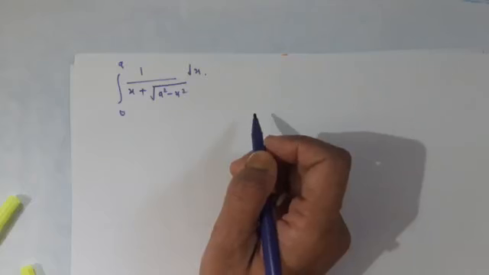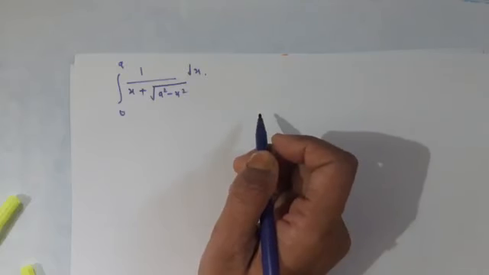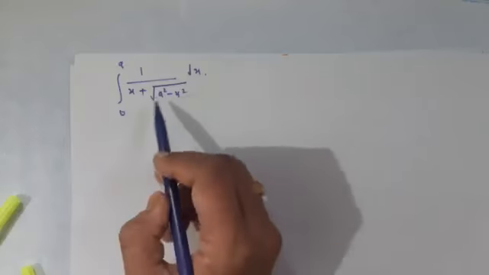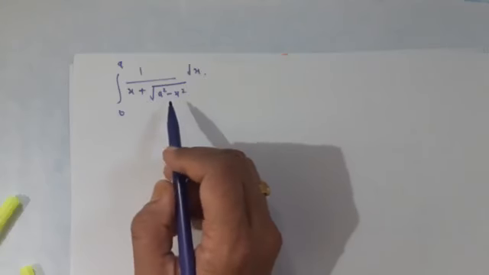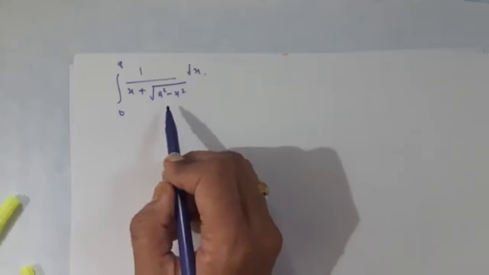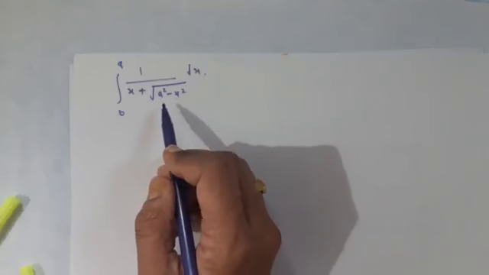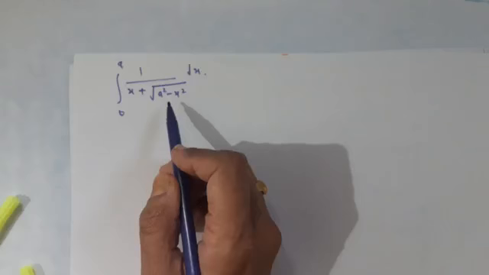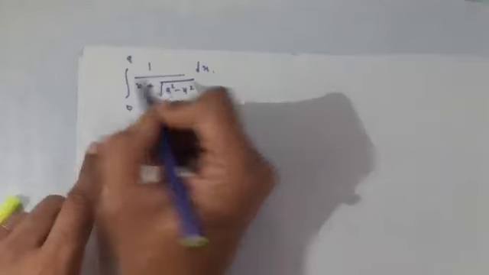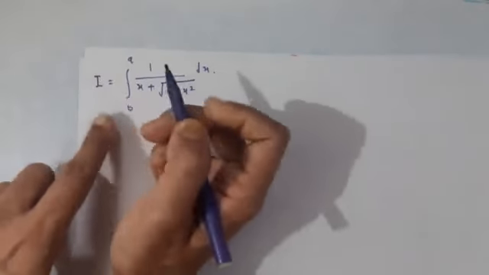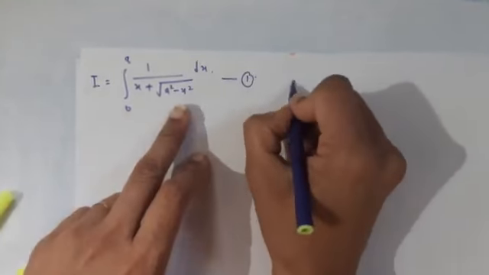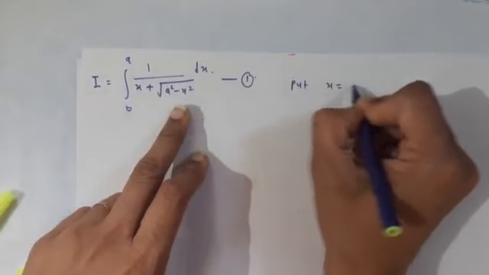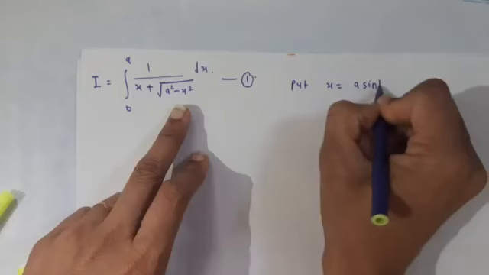As the problem contains the square root of a squared minus x squared, in such problems the substitution is x equals a sin t or x equals a cos t. So let I equal the integral of this, suppose this is 1. Now put x equals a sin t.